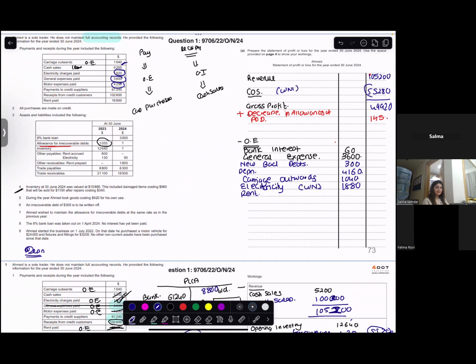Then I have rent, 14,400, even that is there in the working note. And I have motor expenses. You found out what was that, 194? What is it?